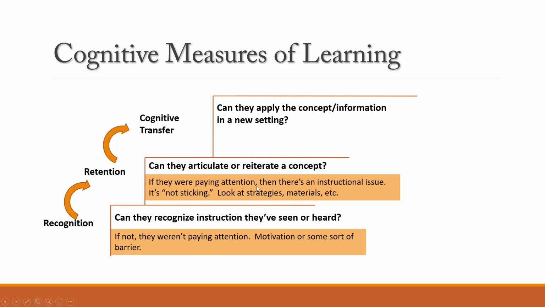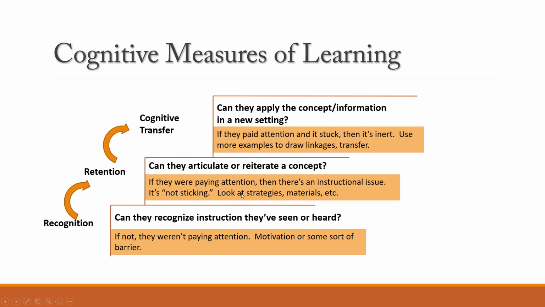So at that point, we may want to look at strategies like: what are the examples that I'm giving them? Are the materials confusing and leading to misconceptions? Am I just presenting information to them but not having them actually do something with it so that they begin to understand these principles? And then looking at cognitive transfer, let's say we know that they're paying attention and they've understood it, but they can't apply it to new information. Then that's really what we call inert knowledge.